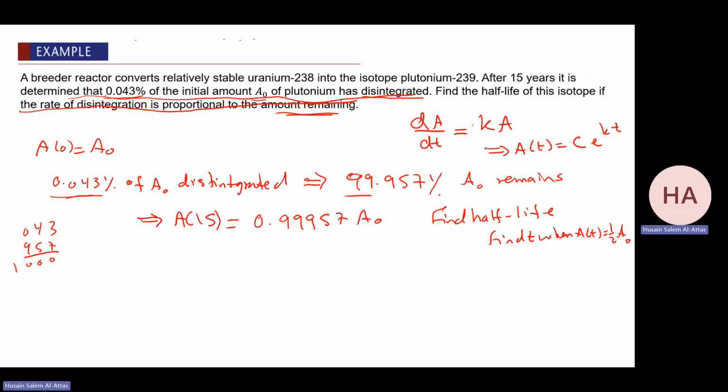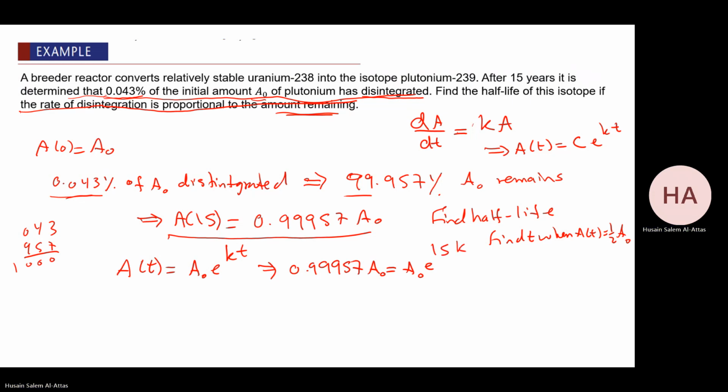Okay, so I'll use this statement. So I have A of T. First, it's A0 at T equals 0. That gives me A0. Now I'll use this statement. That implies 0.99957 A0 equals A0 when T is what? 15, 15K. Okay. Do the calculation.